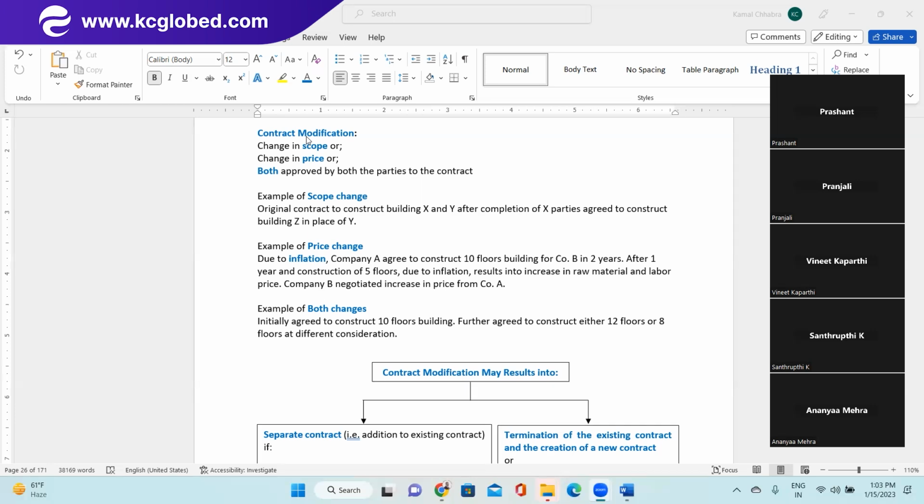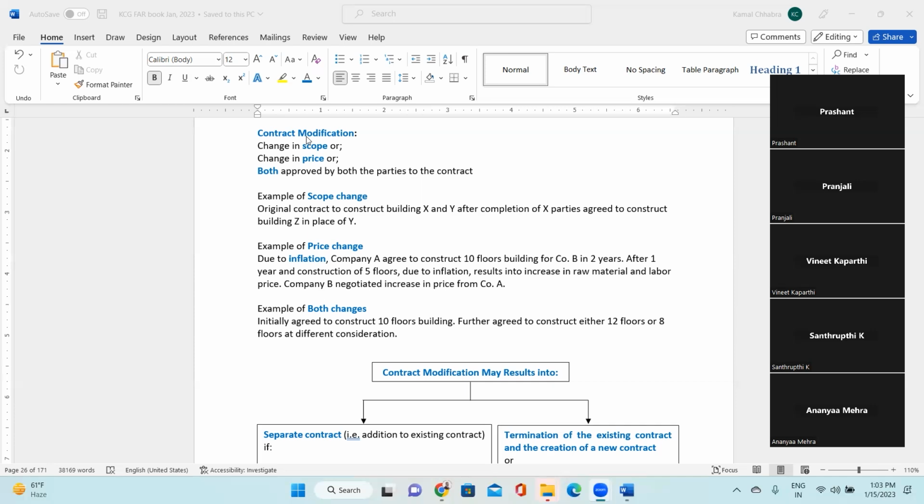Third example, when there is both a change in scope as well as a change in price. Like the example we discussed earlier before the break, you entered into an agreement with a contractor to build stilt plus 4 floors on your piece of land, and in consideration you'll be paying him per floor. Now a new law has been passed and you can extend to a 5th floor, right?